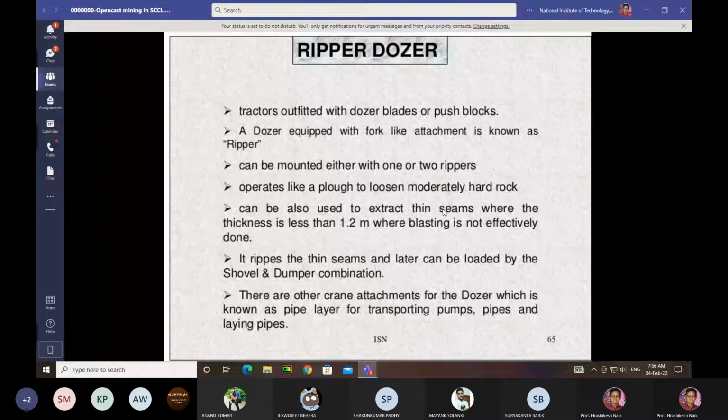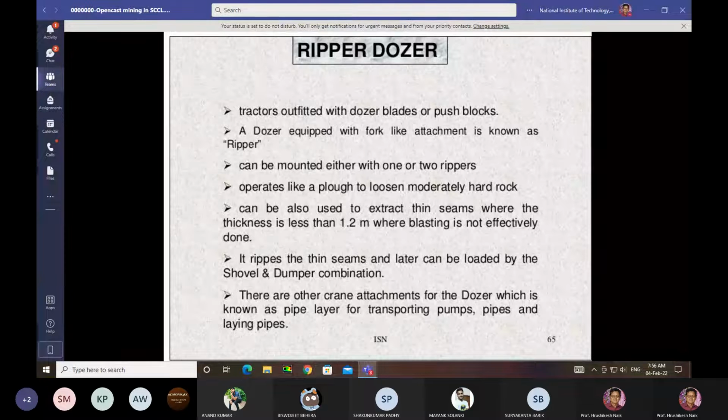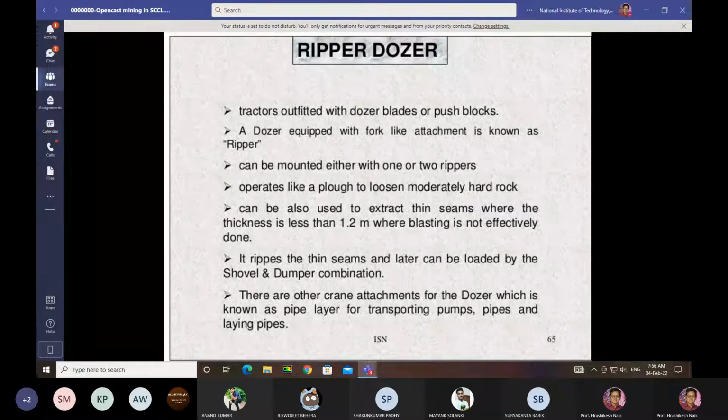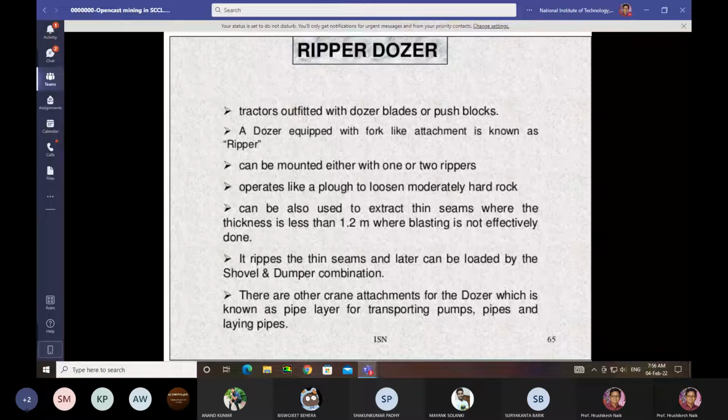The ripper dozer can also be used to extract thin coal seams where the thickness is less than 1.2 meter, where blasting is not effectively done. It reaps the thin coal seams, and the latter can be loaded by the shovel and dumper combination.